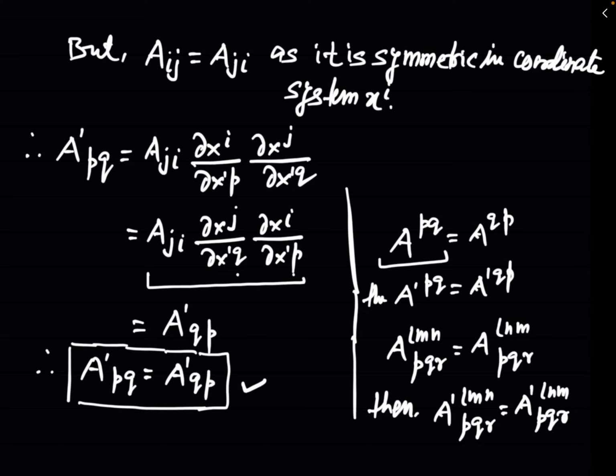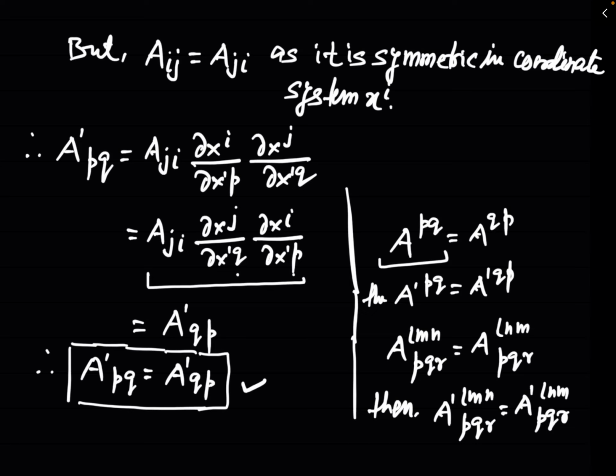When we study the antisymmetric tensor, you will find such a concept. Here the indices with respect to which we define the symmetry are either the covariant indices or the contravariant indices.